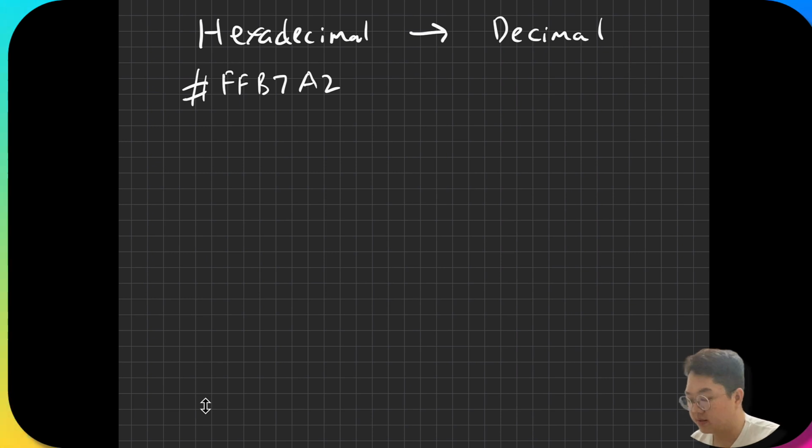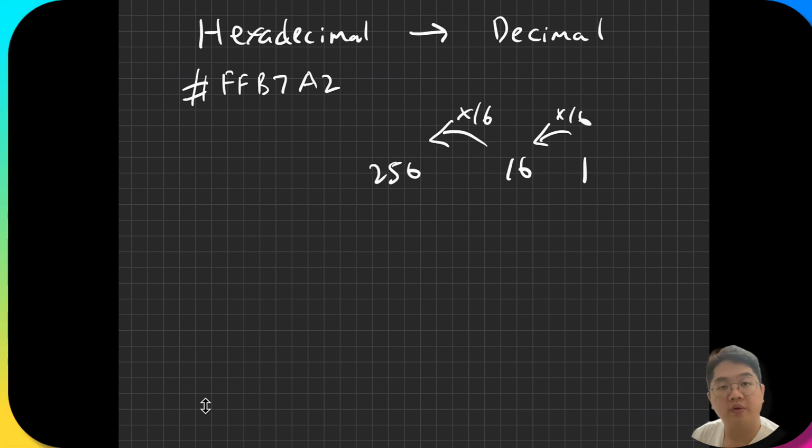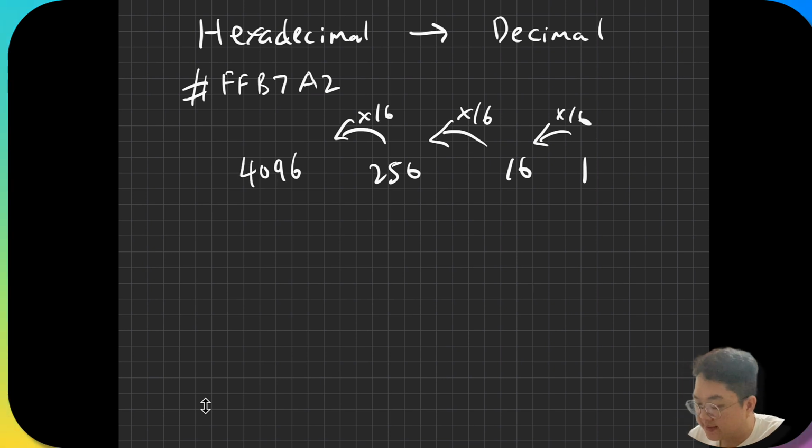Since this is base 16, from right to left, we put in the number 1, and then 16, because 1 multiplied by 16 is 16. Then 16 multiplied by 16 will be 256, and then 4096. This forms a table for the hexadecimal calculation.